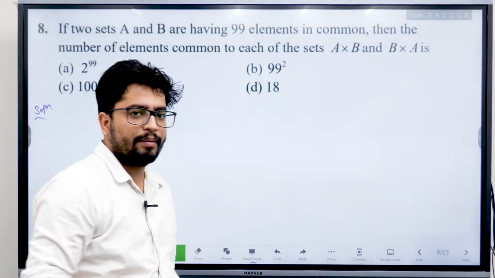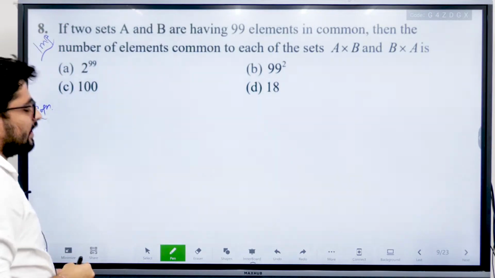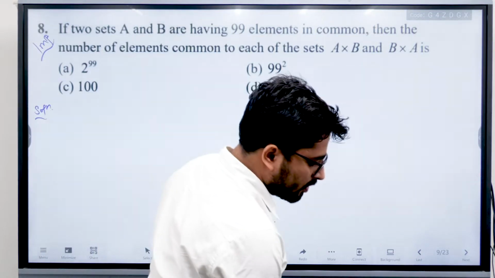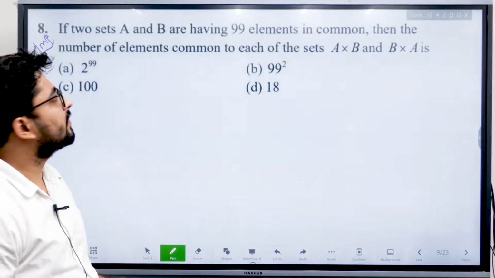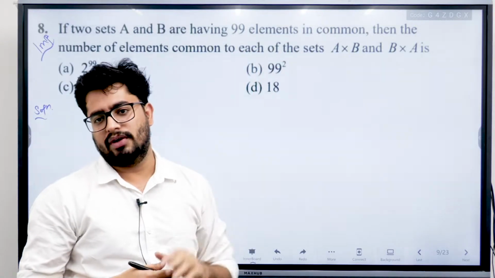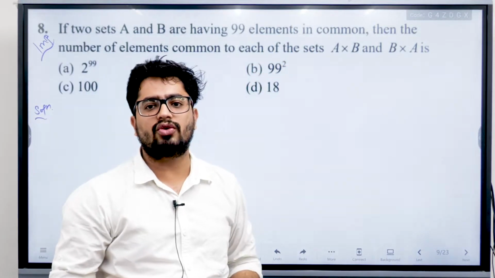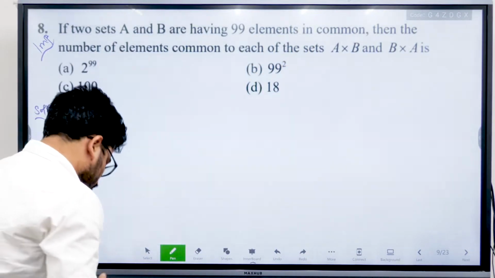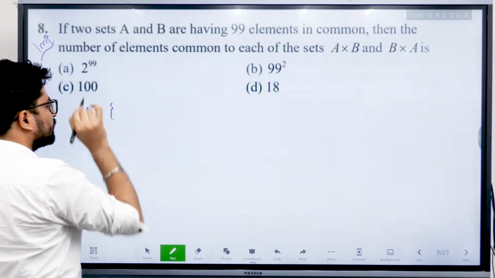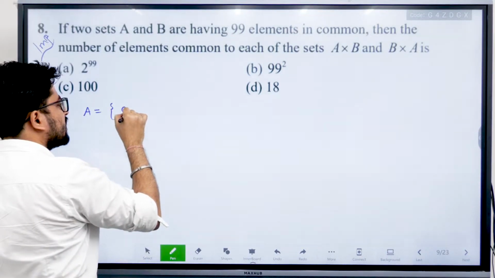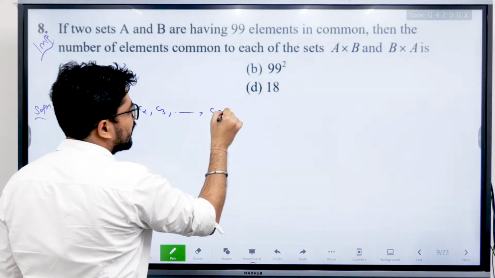This is an important question. Okay, very interesting one. In this question we are given two sets A and B having 99 elements in common. Then find the number of elements common to each of the sets A × B and B × A. First of all, let us assume your set A is C1, C2, C3 up to C99.